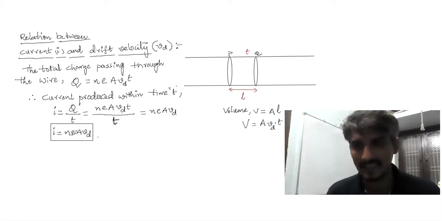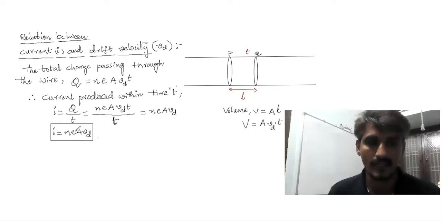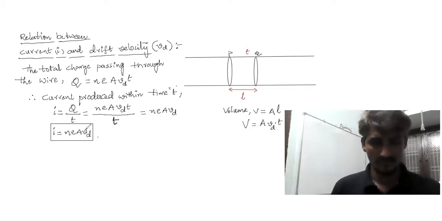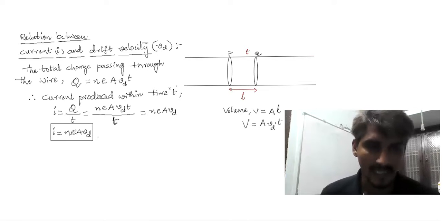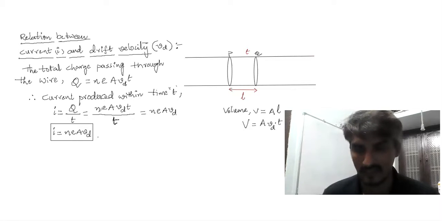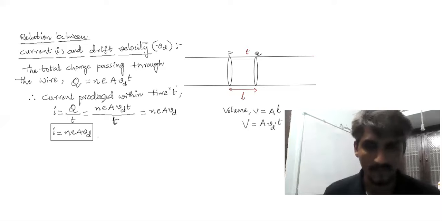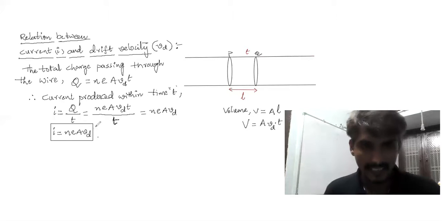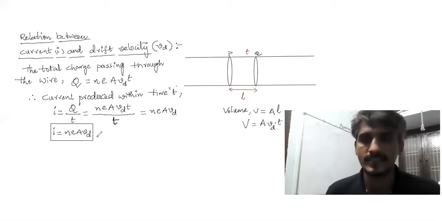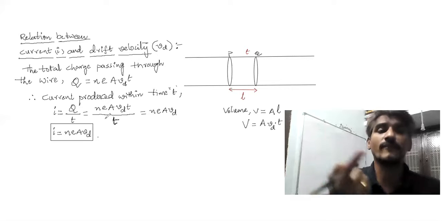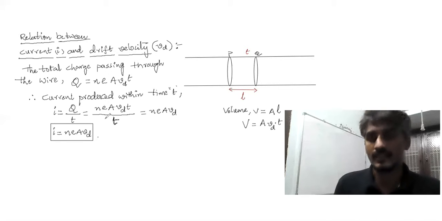Why? Because N is the number of electrons per unit volume, that is the electron density. E is charge, that is also constant. Capital A, the area of cross section of the wire, is also constant for a particular conductor. Then Vd only changes: when the electric field increases, the drift velocity increases.